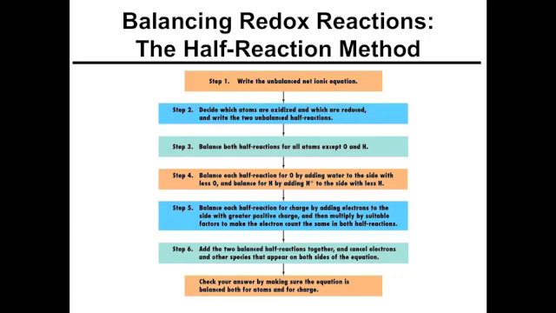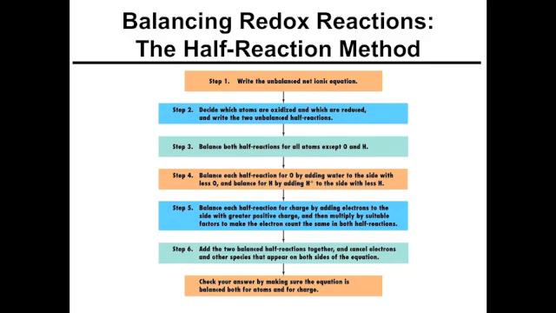For each of our half reactions, we look at the charge on the reactant and product side, and we see which side, the reactant or product side, is more positive, and we add enough electrons to that side in order to balance the total charge on the reactant and product side.